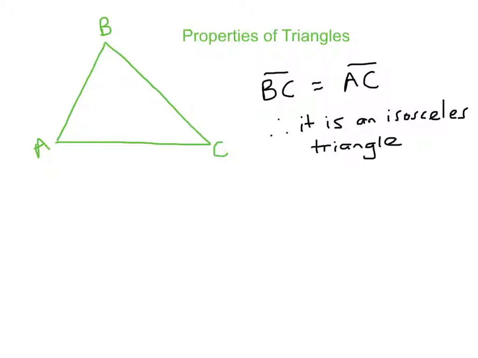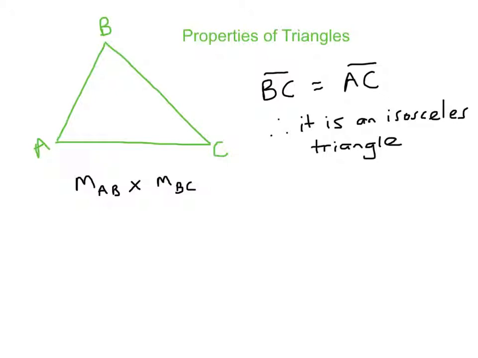You could also look at the gradients of the sides. So if you found the gradient of the side AB, and you multiplied it by the gradient of the side BC.